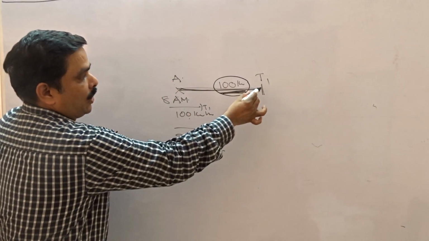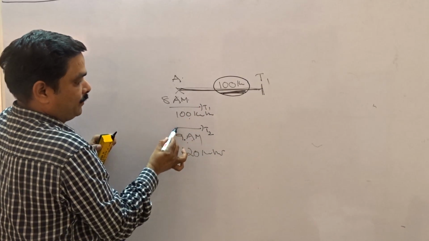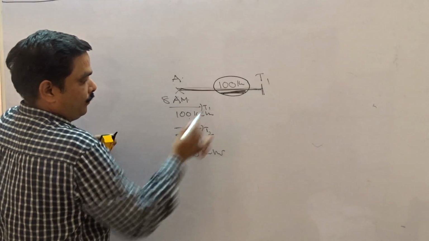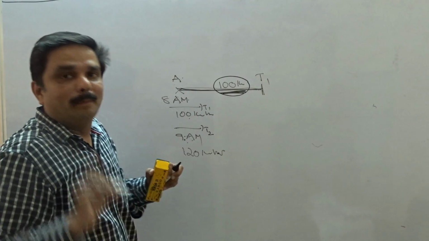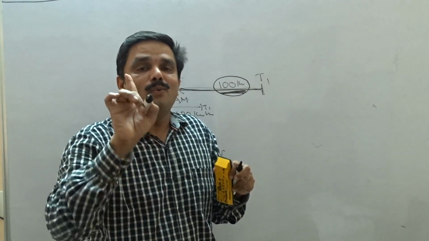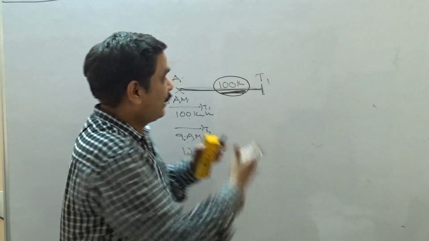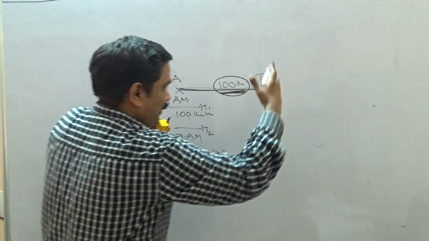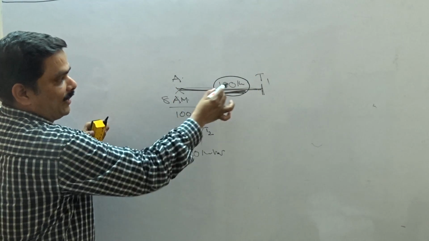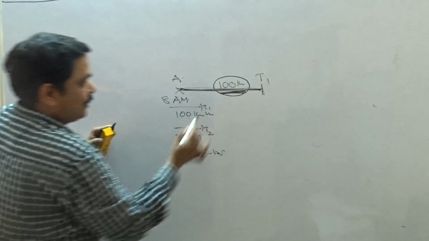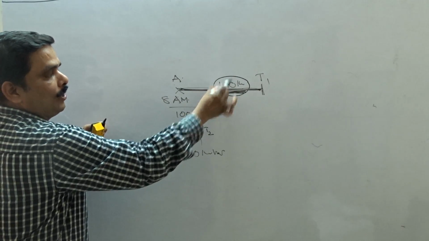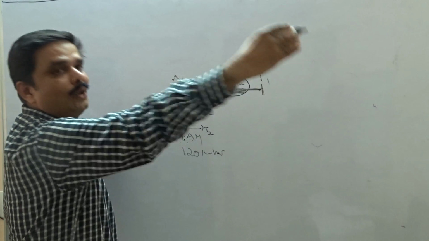If train 1 had stopped here, then for train 2 to catch up with it would definitely take less than 1 hour. But train 1 has not stopped there. It is continuously moving. For that reason, this 100 kilometers has to be covered by train 2 while train 1 is also in movement.